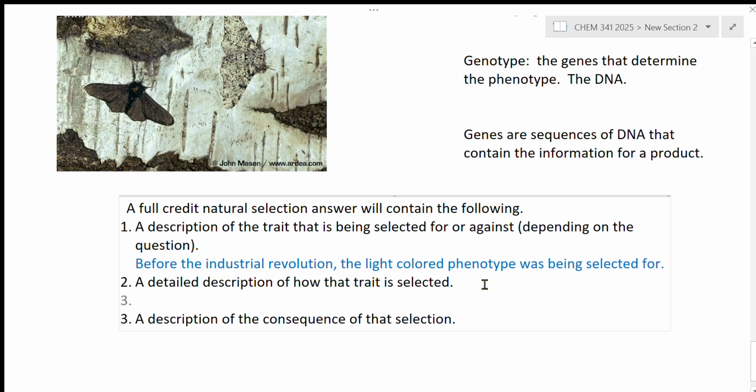Detailed description of how that trait is being selected.